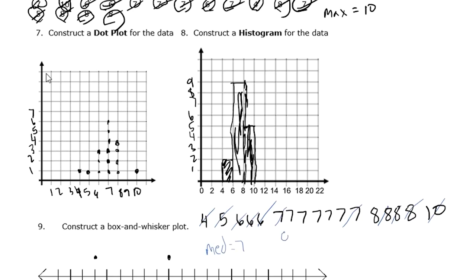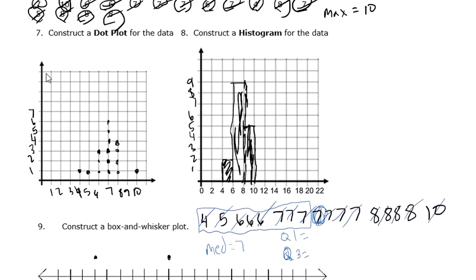Now I need to find the quartile 1 and the quartile 3. So our upper and our lower. So we actually got to find the real middle. So let's see. 1, 2, 3, 4, 5. 1, 2, 3, 4, 5, 6. 6, 6, 7, 7, 7, 7. So there's our real middle. All right, now let's find the lower quartile of these numbers.